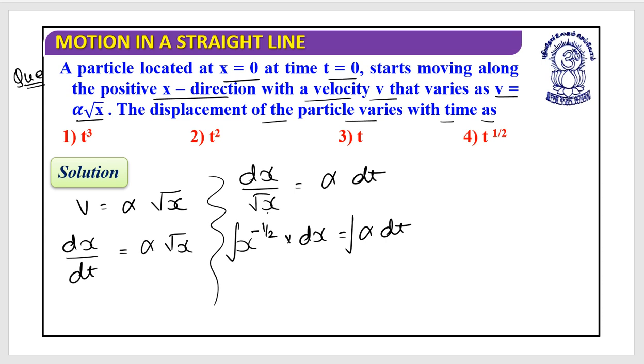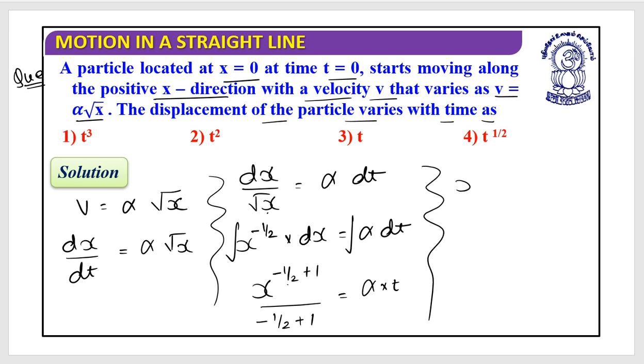It would be x to the power (−1/2 + 1) divided by (−1/2 + 1) equals α t. So x to the power plus half divided by plus half equals α t.